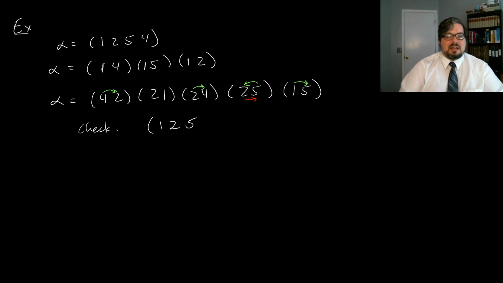And now let's see what happens to 5. 5 goes to 1, nothing happens to 1, nothing happens to 1. 1 goes to 2, and 2 goes to 4. And then finally, we see what happens to 4. Nothing happens to 4 here, nothing happens to 4 here. 4 goes to 2, then 2 goes to 1, and nothing. So that means 4 goes to 1.